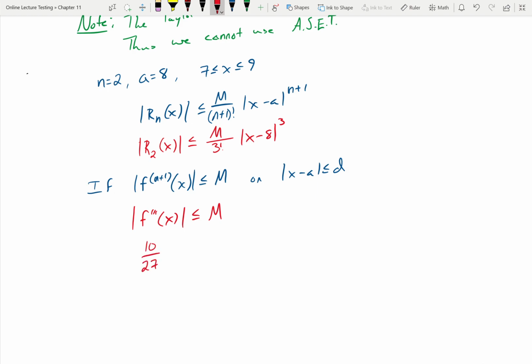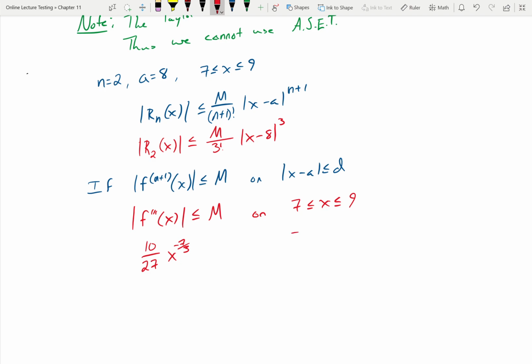Well, we just said the third derivative is 10/27 x to the negative 7/3. Okay? And we're on the interval 7 is less than or equal to x, which is less than or equal to 9. So let's see if we can rewrite this. Well, we know a is equal to 8.